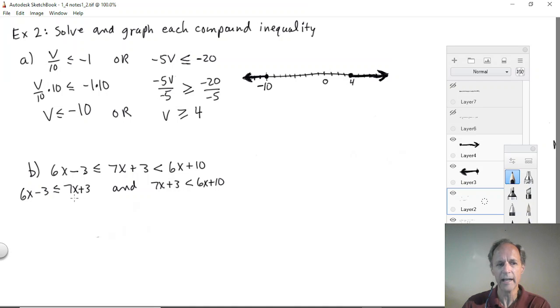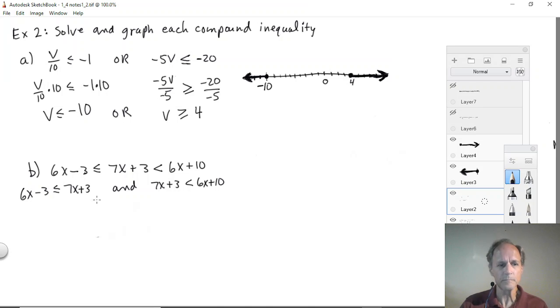You don't have to have this 7x plus 3 in both of them. This one does, but plenty of them don't. It doesn't really matter as far as how you solve it. When it does have that, there could be a shortcut you could take. We're not going to worry about it. We're just going to do this the straightforward way, because you will see the other ones that do not have an expression in common.